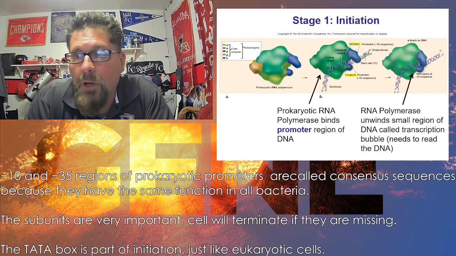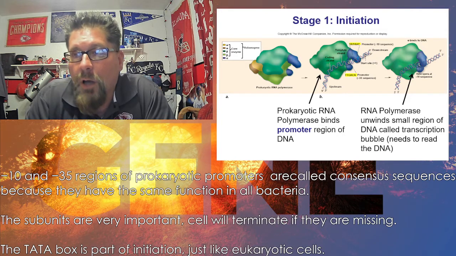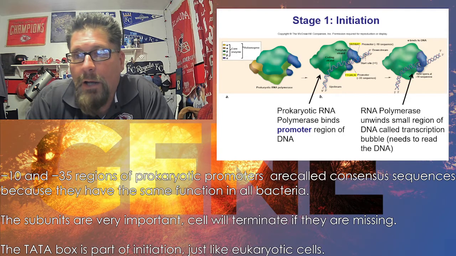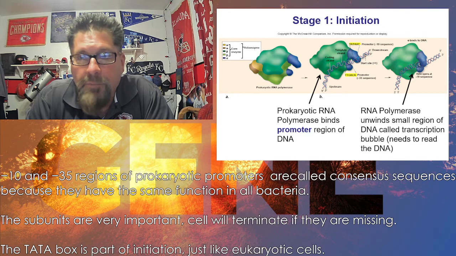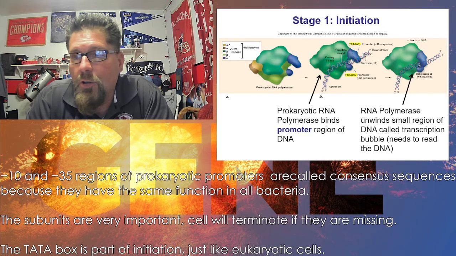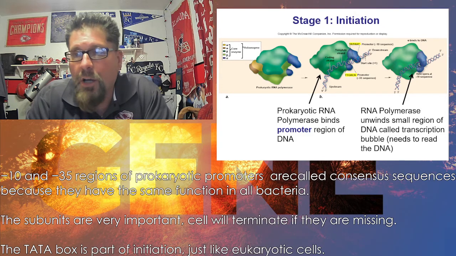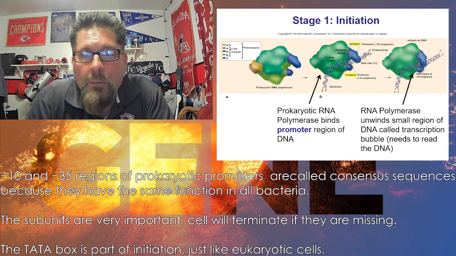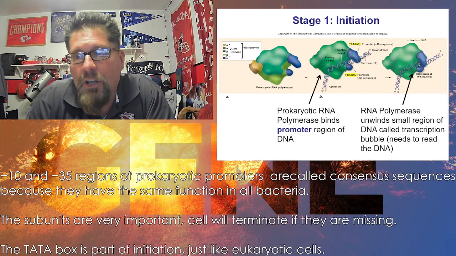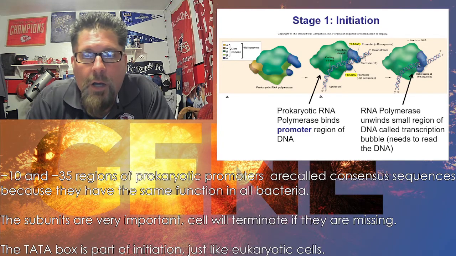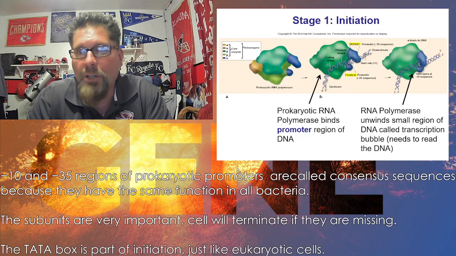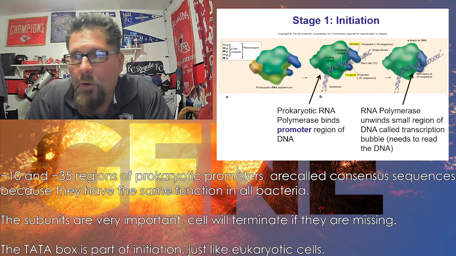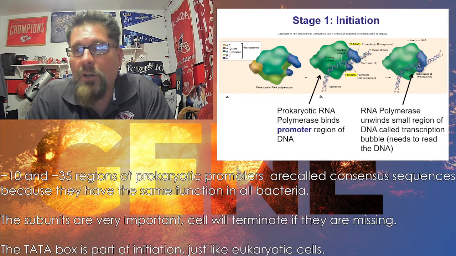Now your middle one, you're looking at the -10, the -35 sequence, which is in that yellow highlighted section there. That's the start, and the region between those two, that's the starting point, the promoter, and of course that's called a consensus sequence because it has the same function in all bacteria, but that word consensus sequence isn't on the diagram.